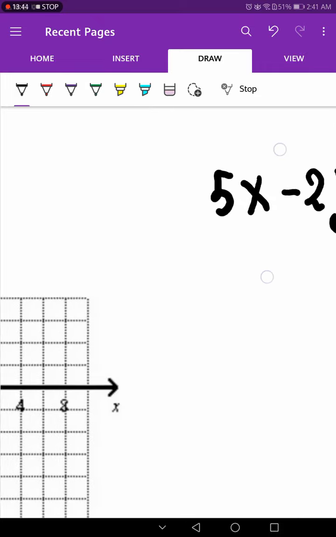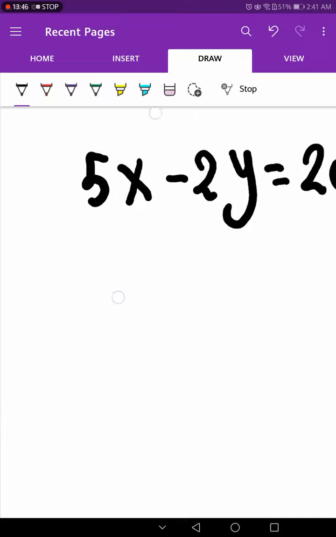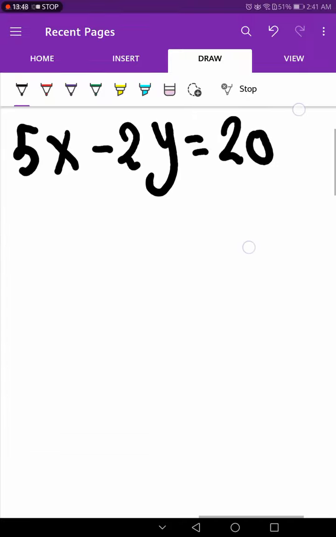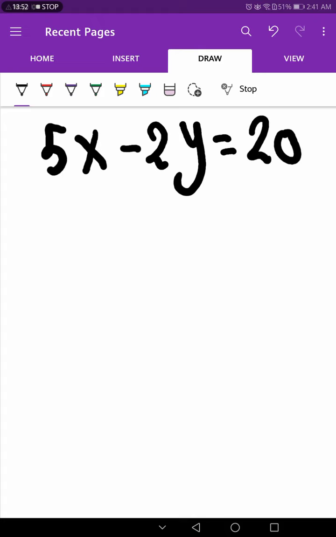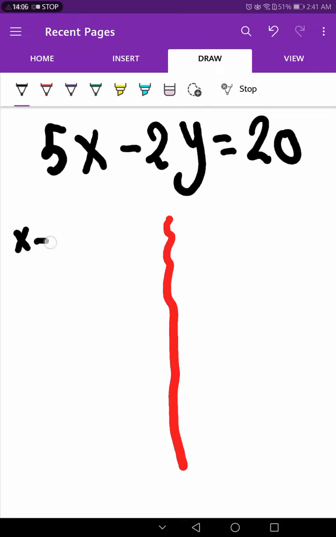Yes, it is correct. Okay, what you have to do, my dear student, if you have a standard form and he asks you to find out which graph represents this equation, you have to divide the page in two parts and write this is the x-intercept and this is the y-intercept.